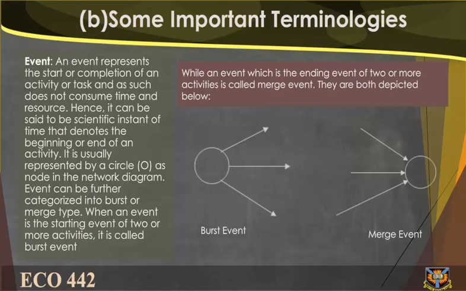Events can be further categorized into burst or merge type. When an event is the starting event of two or more activities, it is called a burst event, while an event which is the ending event of two or more activities is called a merge event. They are both depicted below.